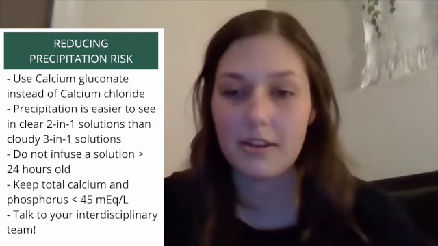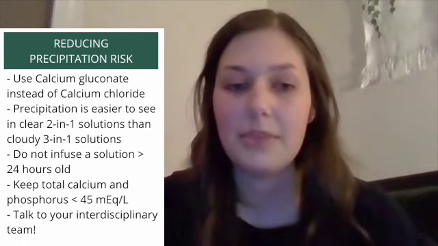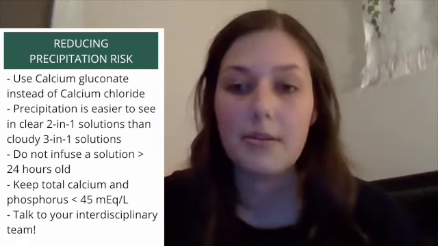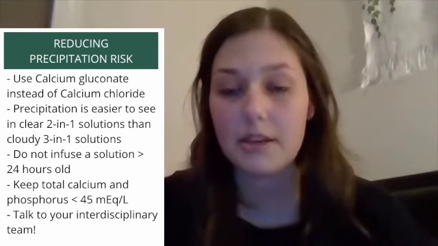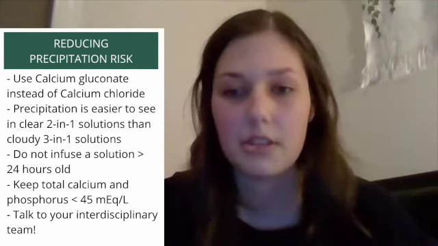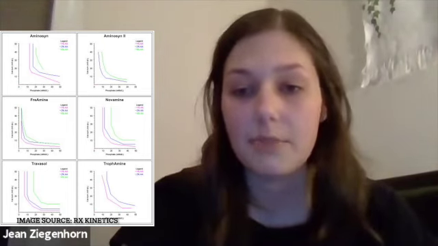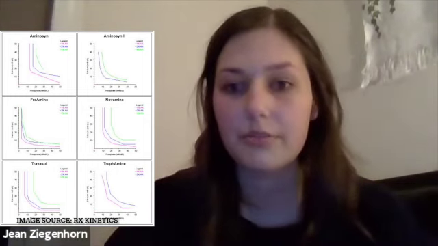Make sure you rely on your pharmacist. They will have a lot more information available as to calcium and phosphorus solubility because it will change based on the amino acid solution that you're using. And there are some solubility curves available. So depending on the brand of amino acids that your facility uses, you will have a different calcium and phosphorus solubility curve to follow.